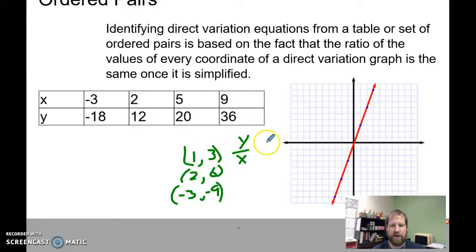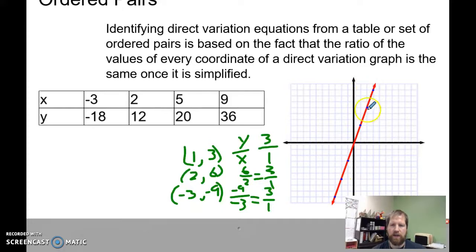So here I would have 3 over 1. This one would be 6 over 2, which is equal to 3 over 1. And here I would have -9 over -3, which is again equal to 3 over 1.